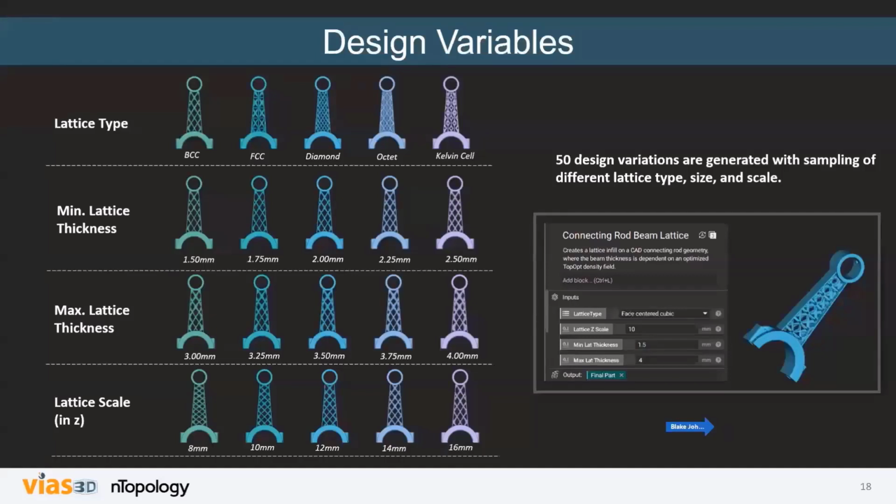So I just want to show really quickly the design parameters we're looking at. The first are a sub-selection of lattice types. We actually have dozens or even more lattices you could potentially make, as well as custom lattices and non-beam based. But we're just looking at a subset here of popular lattices: body-centered cubic, face-centered cubic, diamond, octet, Kelvin cell.